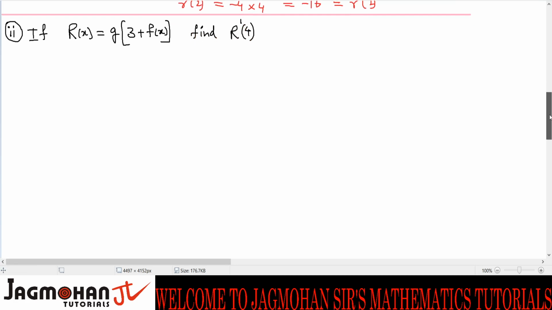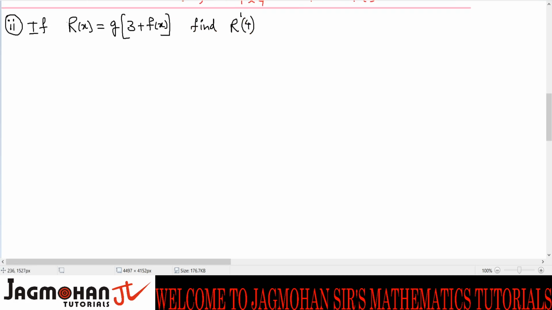Okay. Now next go for this question. Second question is I'm given r of x. I'll write the solution here. I'm given r of x is this. It is going to be the similar way. I'm given r of x as g of this.